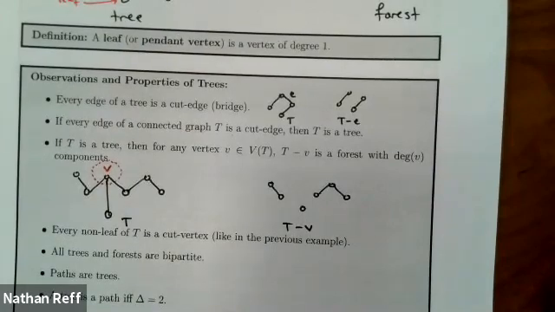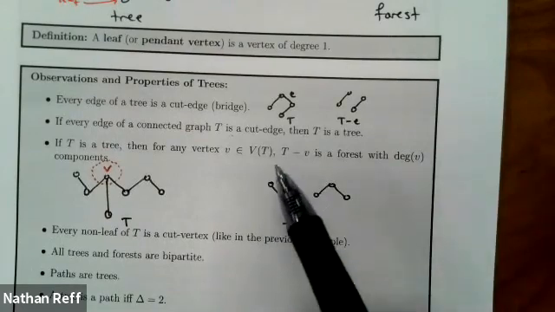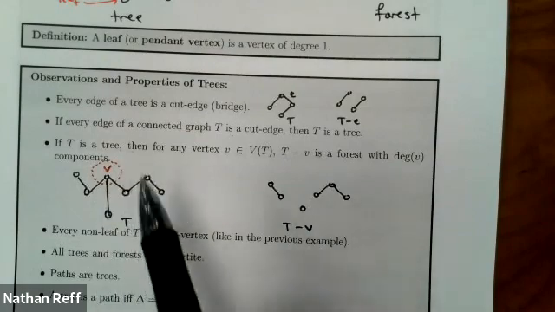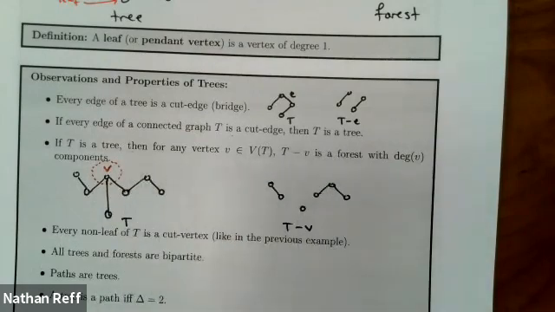Now notice what would happen. Let me ask you this. Is this telling you that you will always get a disconnected graph? Is that saying if you remove any vertex, you will always increase the number of components? Is that what that's saying? No, right?